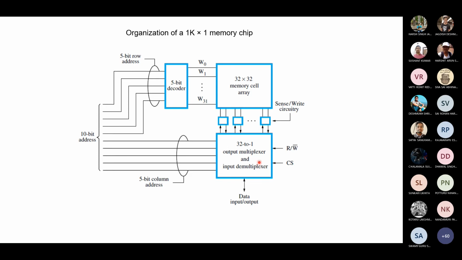Depending on the read and write signal, if it is read, the circuit will act as a multiplexer. One of the outputs from this cell will be passed to the output line. If it is a write operation, the input will go to one of the output lines. So this circuit works as a demultiplexer.